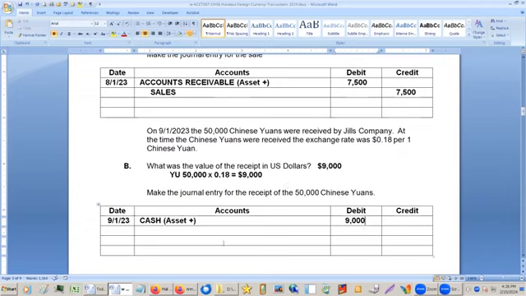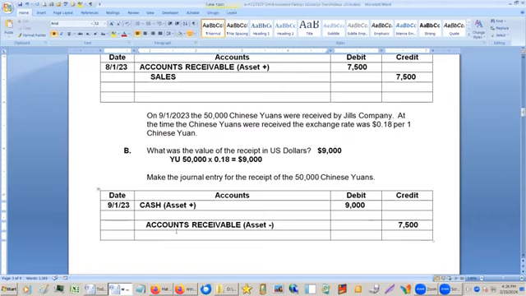We have to take the accounts receivable off our books at the amount we put it on at. So we take off 7,500. Okay, and will this be a gain or loss? Gain. Yep. Translation gain of 1,500.